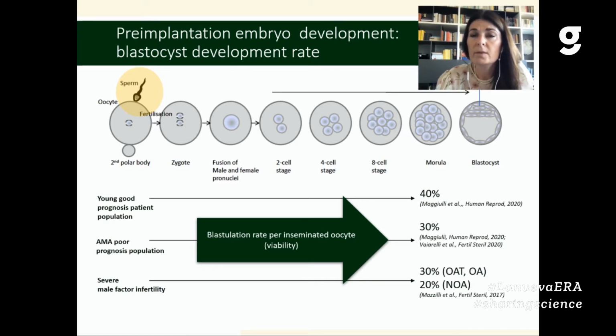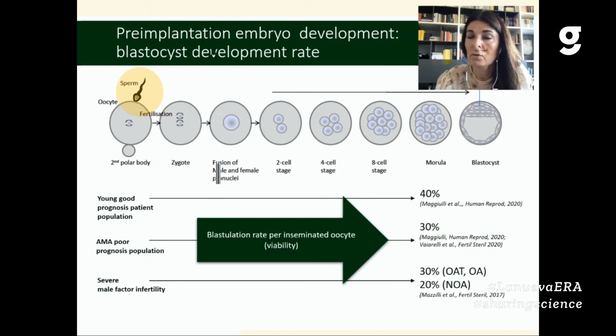Only 30% of the inseminated oocytes will become blastocysts in the advanced maternal age population, and even 20% in severe male factor infertility, because of 10 oocytes, on average 7 fertilize, and on average 3 or 4 get to the blastocyst stage.